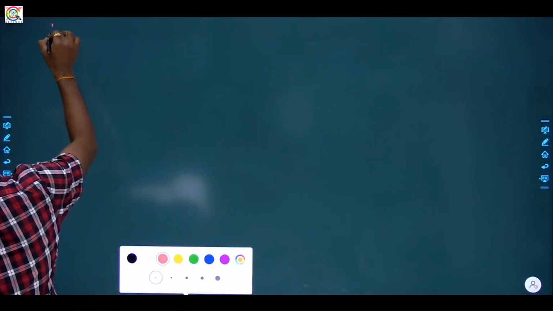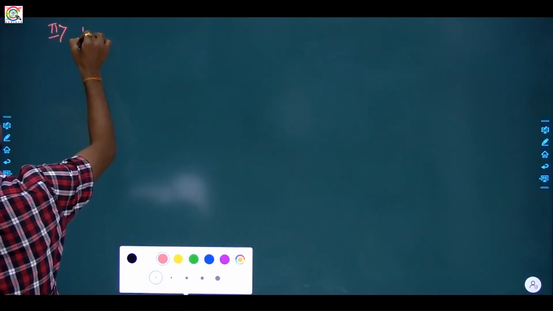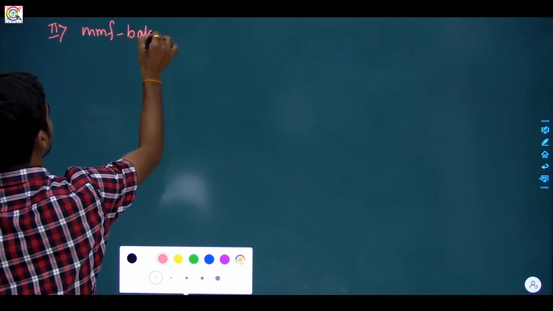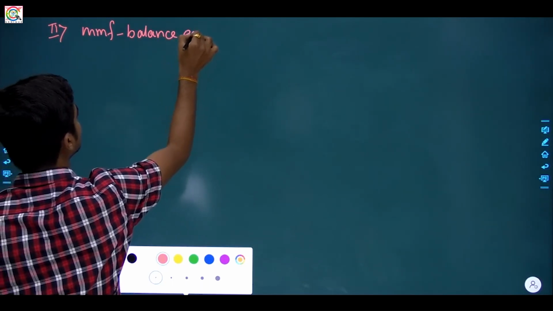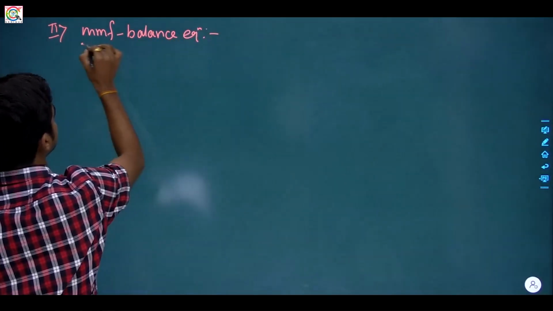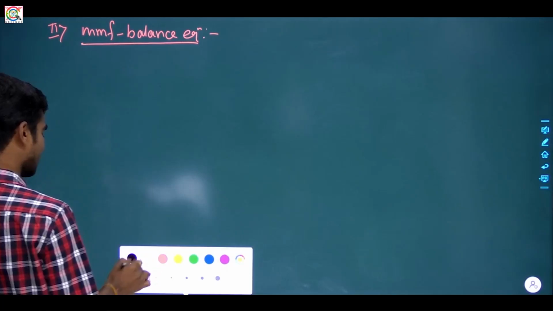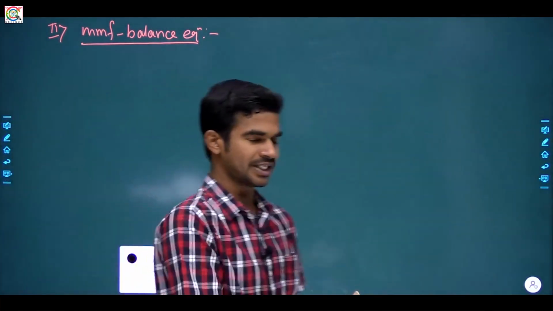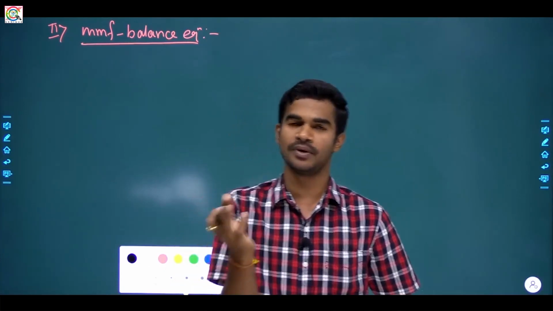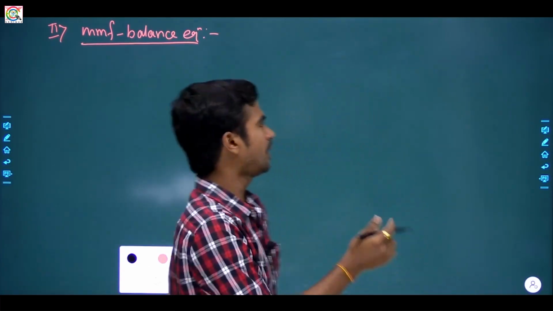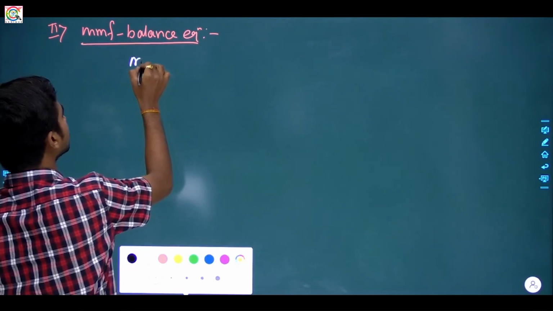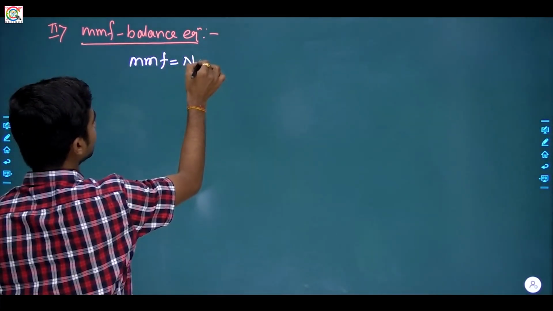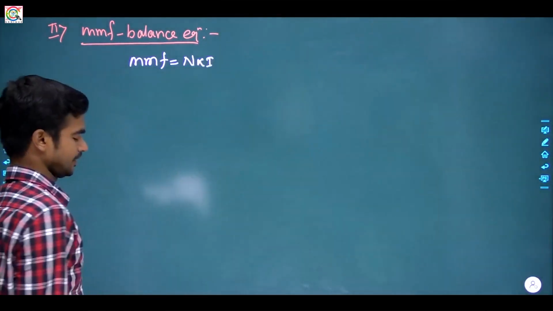So write down the method 2, that is the MMF balance equation. Okay, so what is the MMF balance equation? What do you mean by MMF? MMF is nothing but the number of turns into the excitation current.